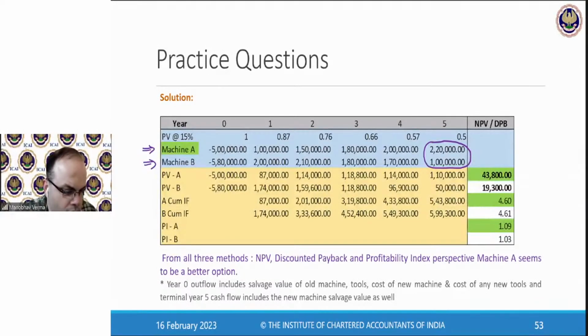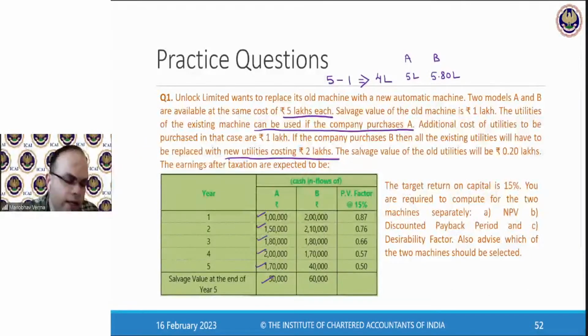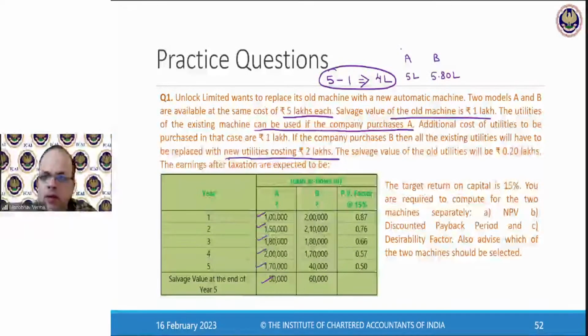Okay. Manoj says 5 minus 1 plus 1. Yes, Manoj, absolutely correct. 5 minus 1 is 4 plus 2, absolutely correct. So some people wanted me to explain again. Guys, both machine A and B were costing 5 lakhs. Salvage value of the old machine is 1 lakh. So 5 minus 1, that is 4 lakhs, is the investment in the new machine anyways, whether it is A or B. But for A, the existing utilities can be used and additional utilities are required for 1 lakh.